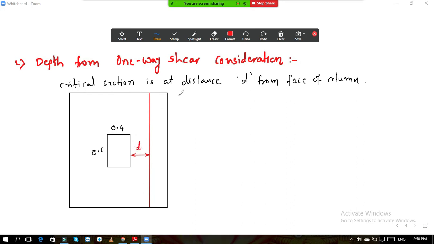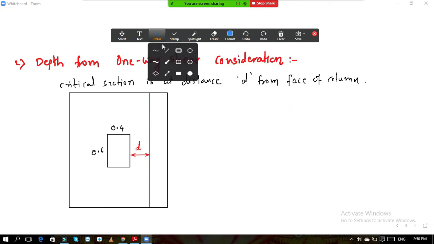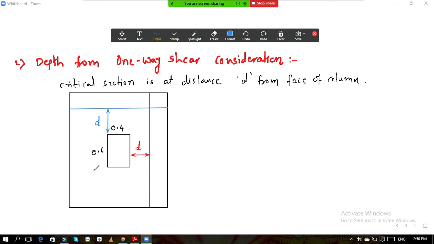And in a similar fashion, we will take another critical section. Now this critical section is parallel to y. Another which is parallel to x we will consider over here. This is the critical section which is parallel to x. And here the measurement we can write as d. So now we are having two strips.